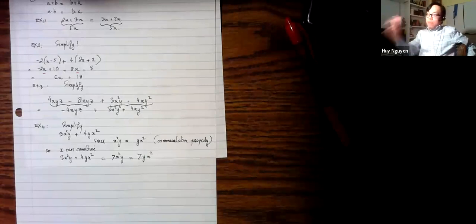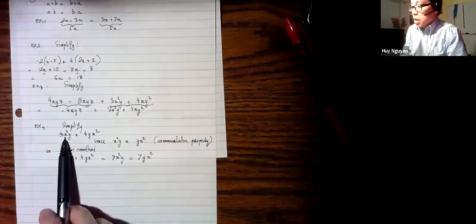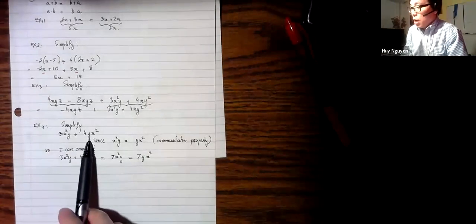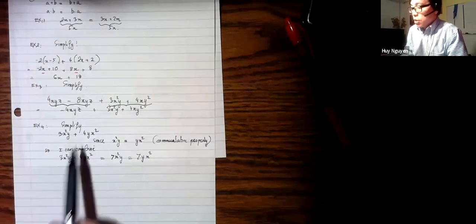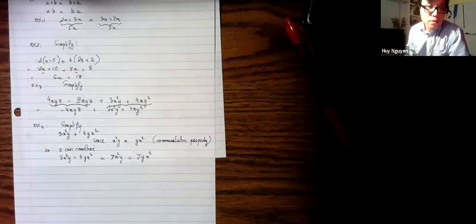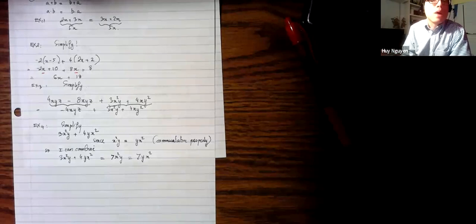Look carefully, and don't ever jump to a conclusion right away. If you see xy squared and yx squared and say they are different, that's wrong, because by the commutative property they're basically the same, so we can combine and simplify.